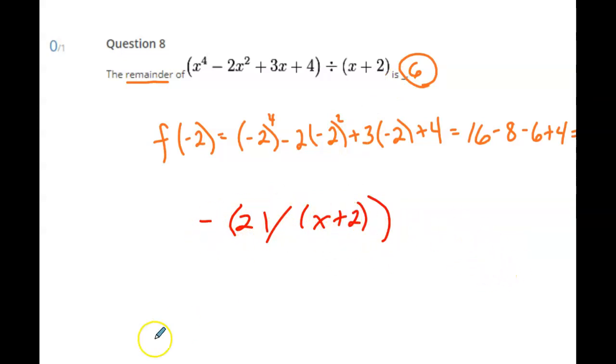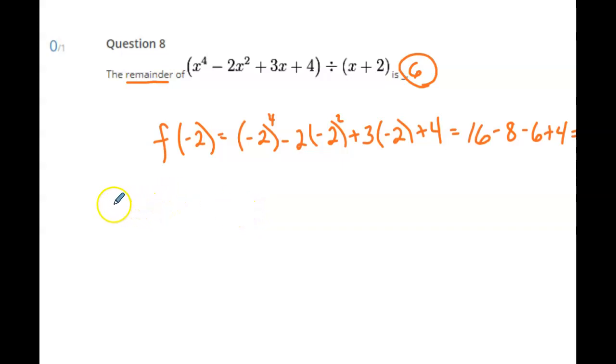Okay, that would only come into play if we were asked to represent this quotient. So if we were in question 8, instead of being asked for the remainder, if we were asked to divide x plus 2 into that polynomial, then we would represent the quotient with our remainder over the divisor.